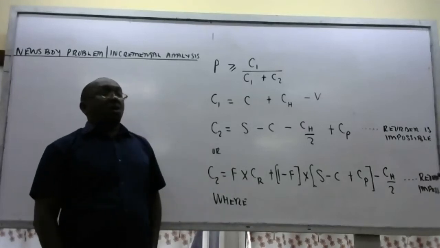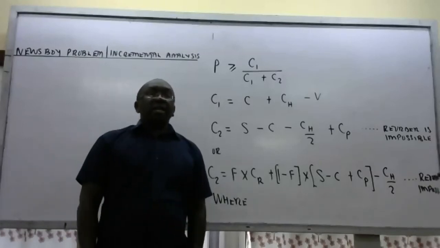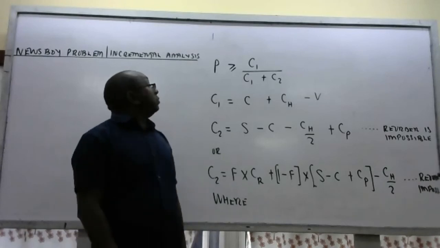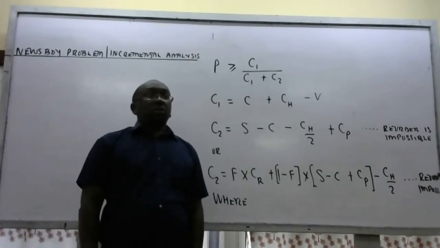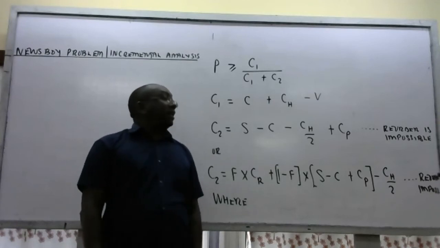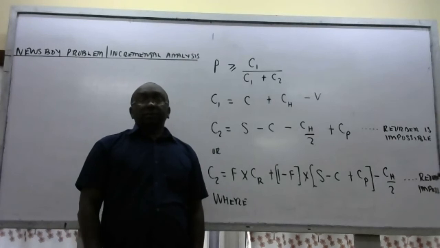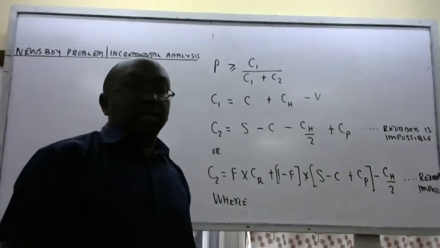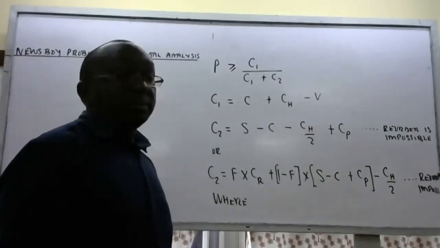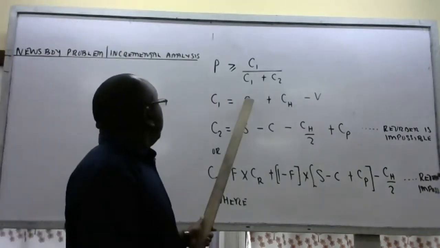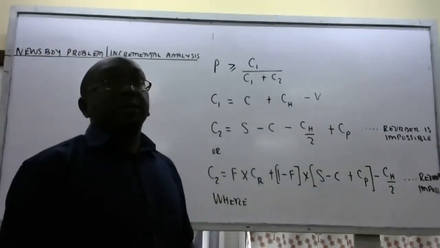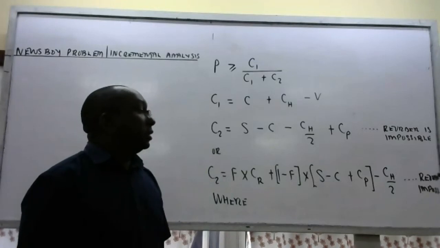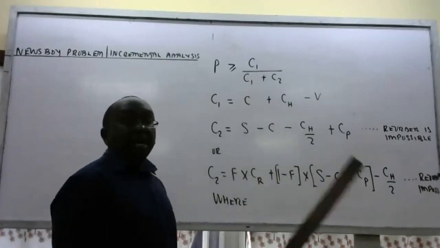C2, cost of understocking 1 unit. C, purchase cost per unit.